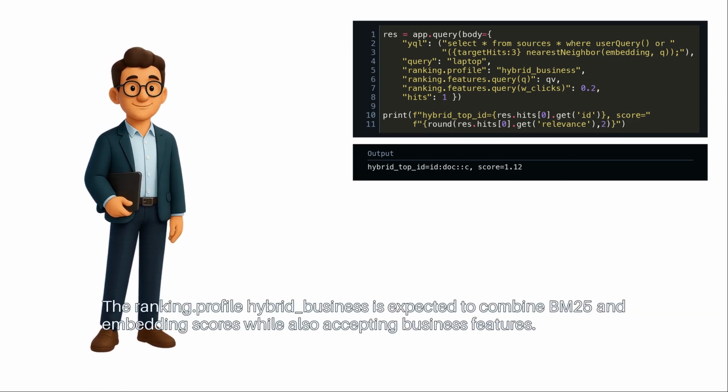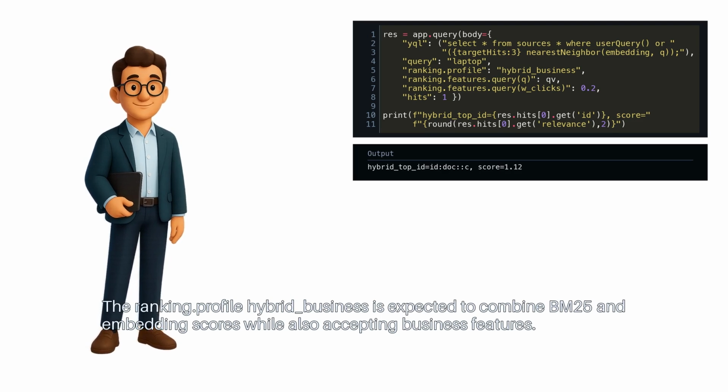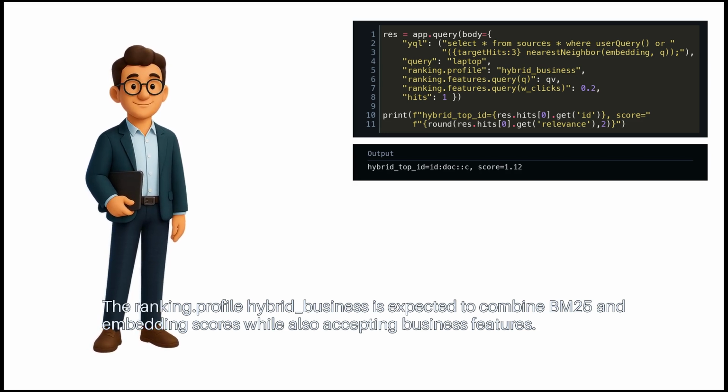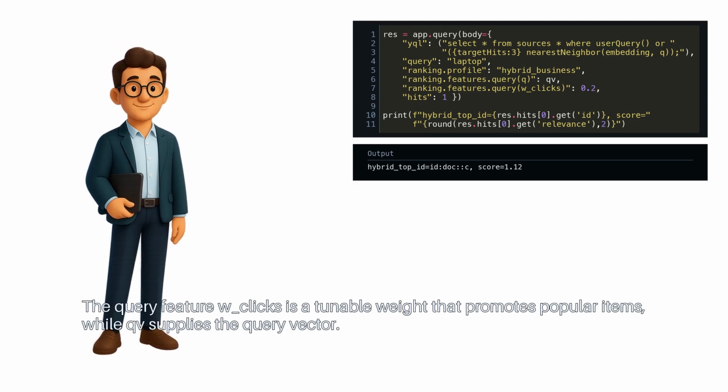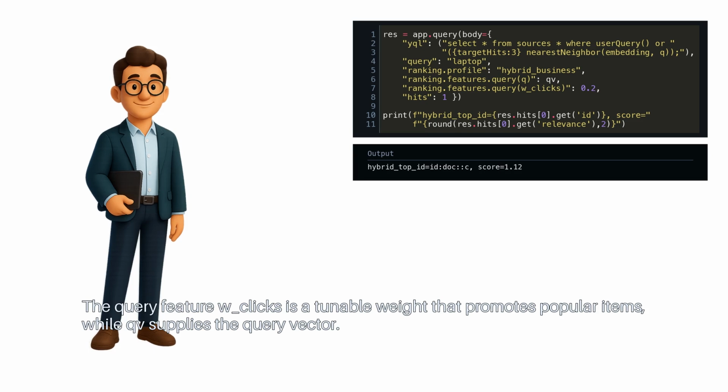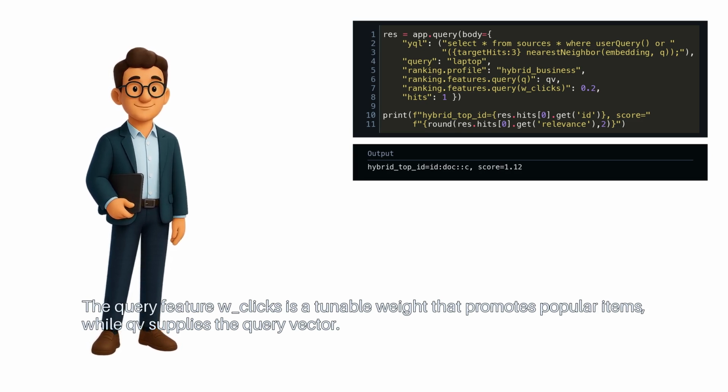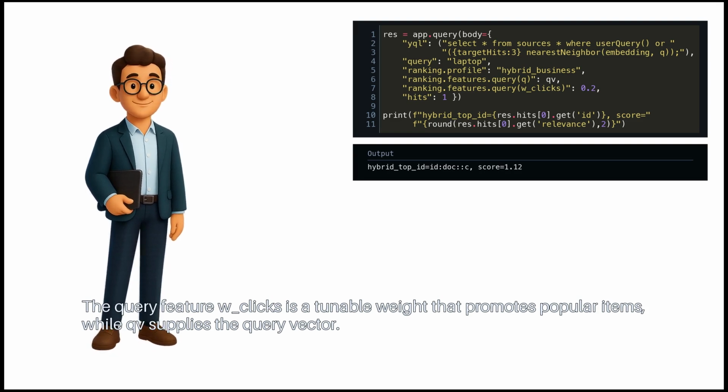The ranking.profile hybrid business is expected to combine BM25 and embedding scores while also accepting business features. The query feature wclicks is a tunable weight that promotes popular items, while QV supplies the query vector.